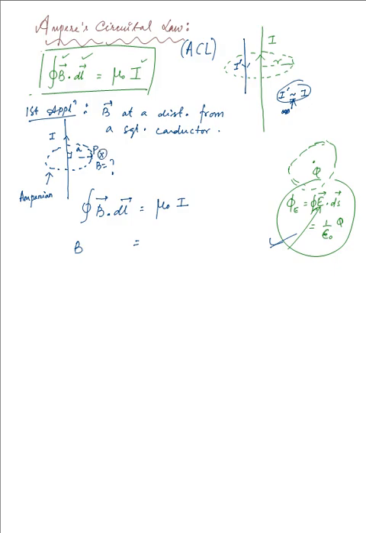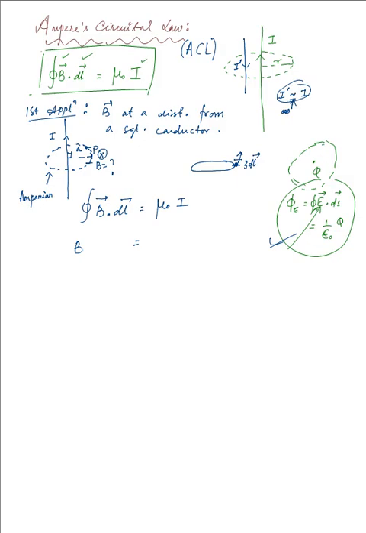The elementary length dl that we consider across the loop is taken tangentially, into the plane, and along the direction of the magnetic field.